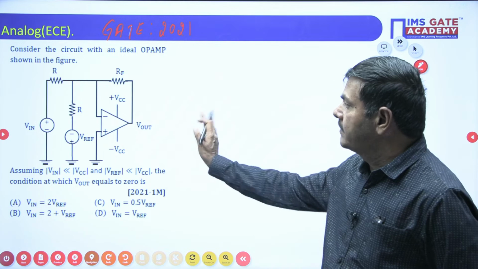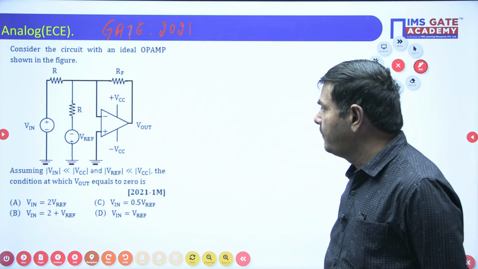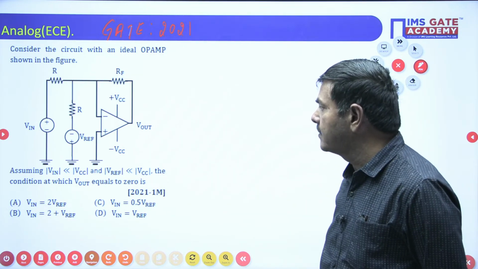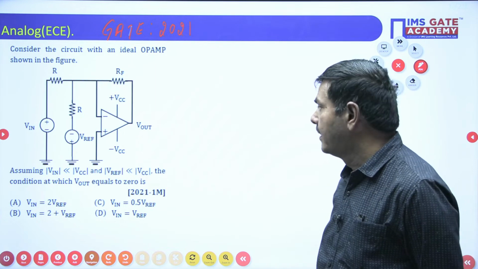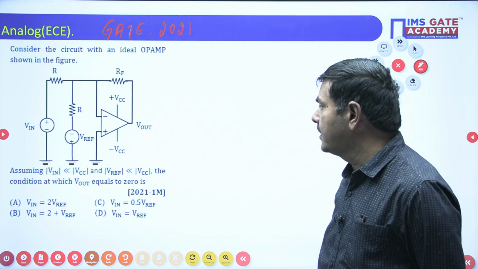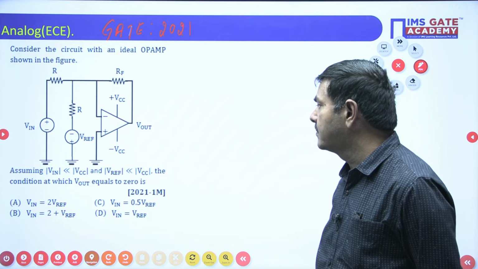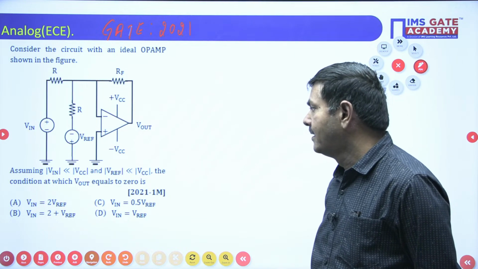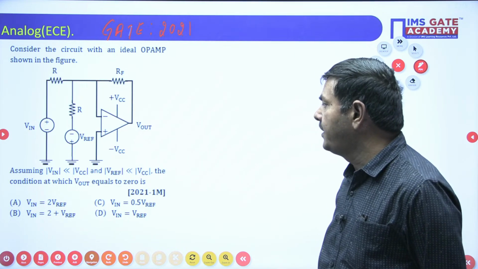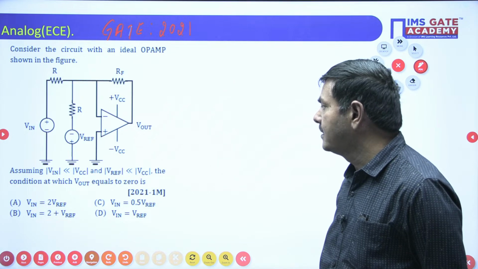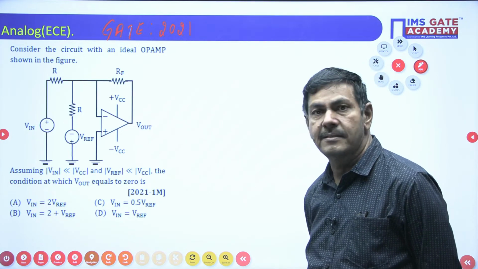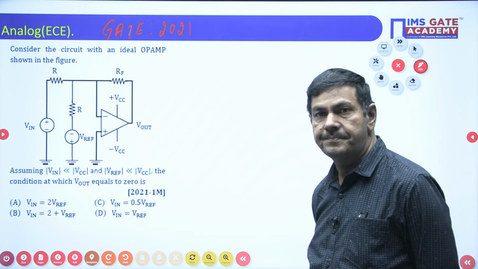The circuit is given there. Assuming mod Vin is far less than mod VCC and modulus of V reference is far less than modulus of VCC, the condition at which V out equals 0 is. Four options are given.